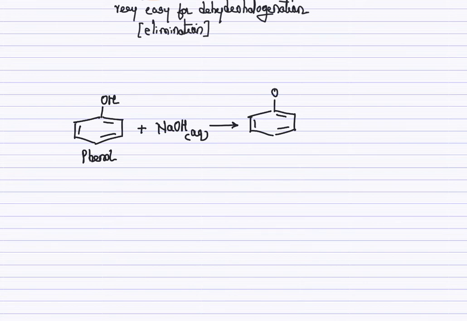So all you need to do is, when you take any phenol and you react it with aqueous NaOH, this is a phenol, it would first of all give you a sodium phenoxide minus H2O, and here you get sodium phenoxide.